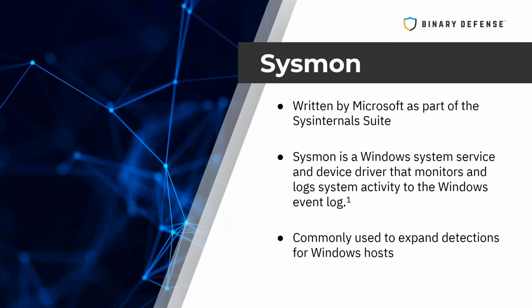It is and was meant to expand the types of detections that aren't already seen in Windows Event Viewer or in Windows Event Logs, like your standard 4688 events and things like that. It provides you a greater view than what you would see previously.